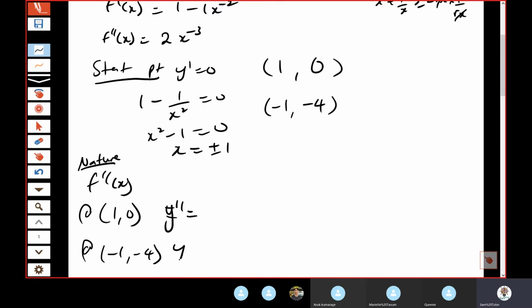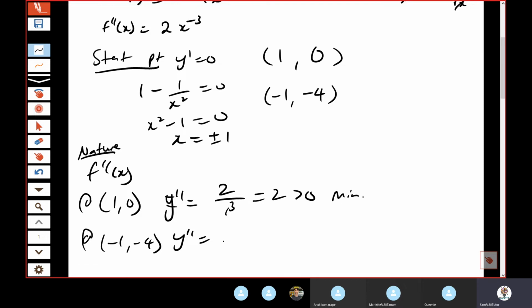Alright, y double dash, 2 on x cubed. 2 on 1 cubed, that's a 2, greater than 0. That's a minimum. At 2 on -1, that's -2. That's less than 0. That's a maximum.